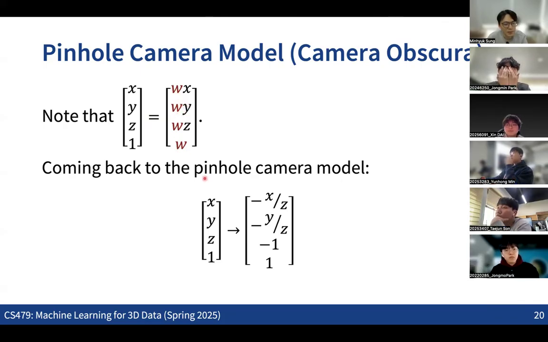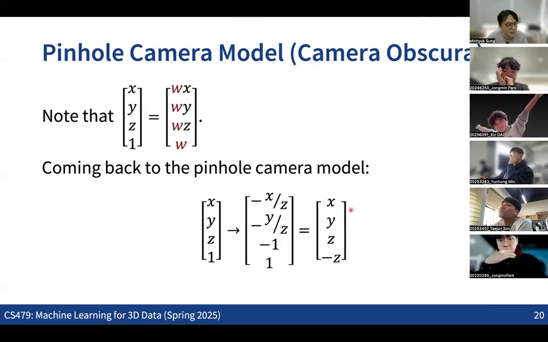So the projection that we have seen in the pinhole camera model was mapping the x, y, z coordinates into these coordinates, right? And another set of coordinates representing the same point is this.